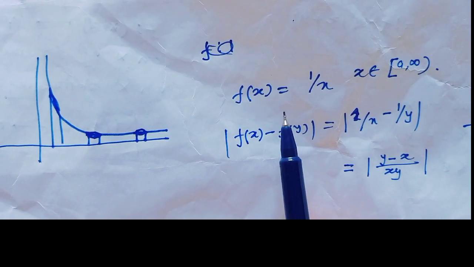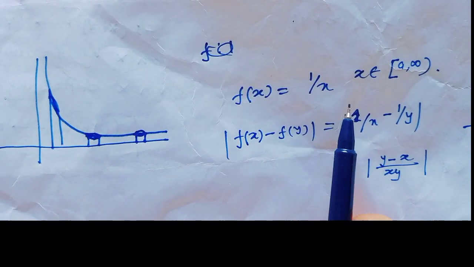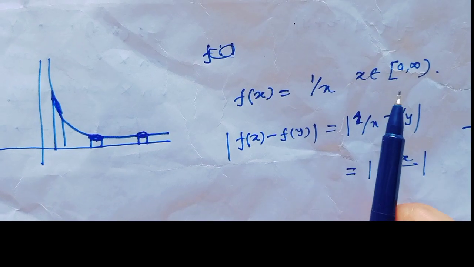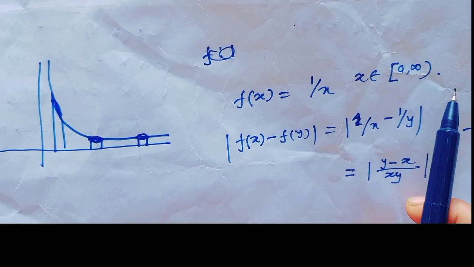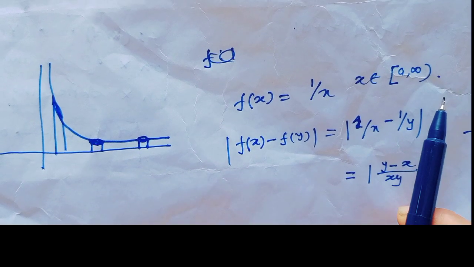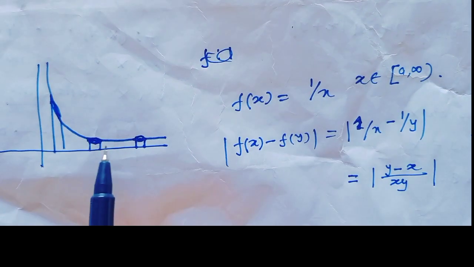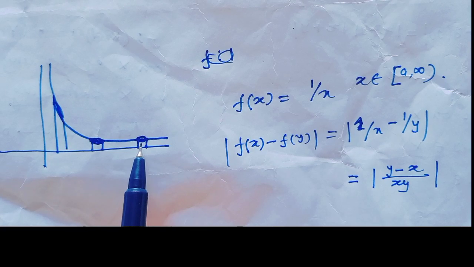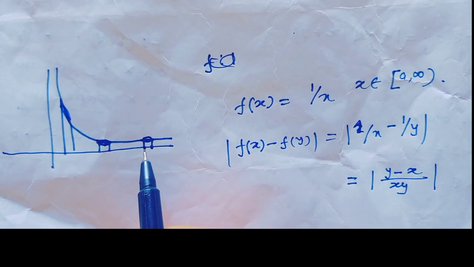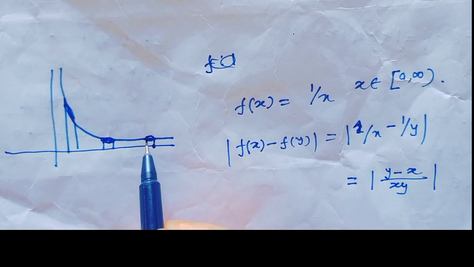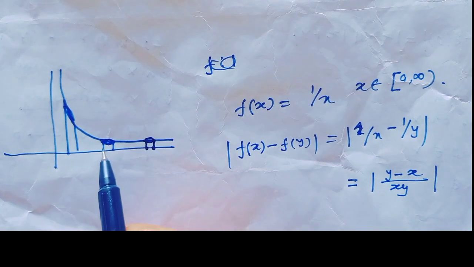Now I will see a new function f(x) equal to 1 over x, when x belongs to the closed interval [a, infinity). In this domain, obviously the function is uniformly continuous, because notice the picture. If we consider 2 points here, then the distance would be such type.